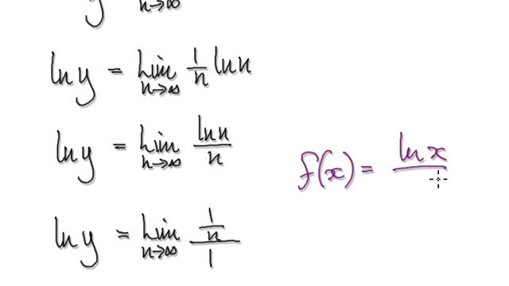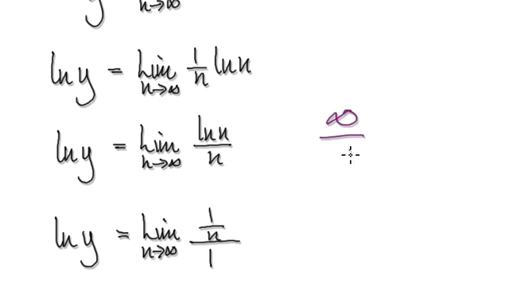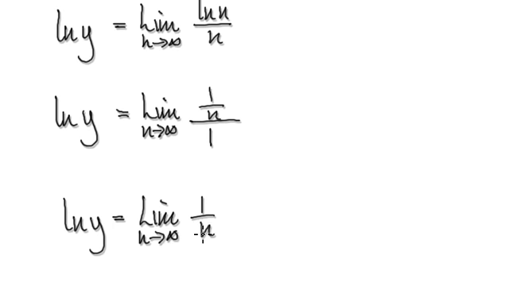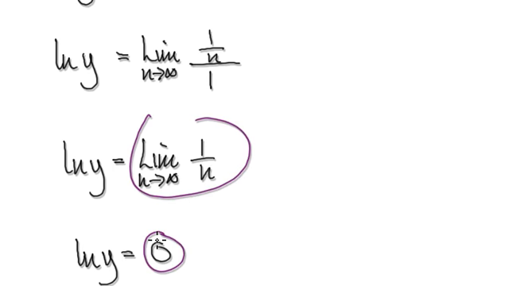That would be the natural log of x over x. We've done this many times before, but here you've got infinity over infinity, so you can use L'Hopital's rule. Differentiate the top, that will give you this. Differentiate the bottom, that will give you this. The limit of this thing equals 0.